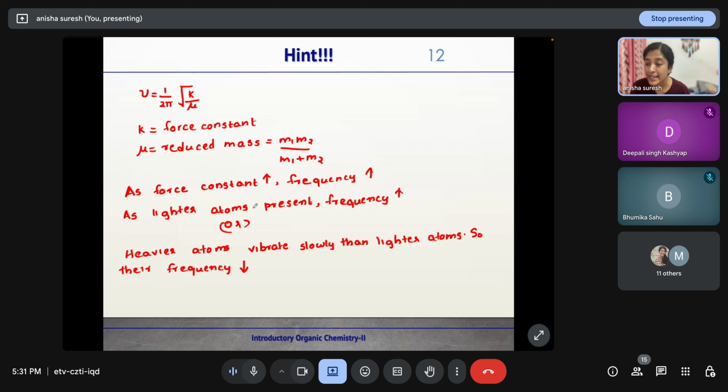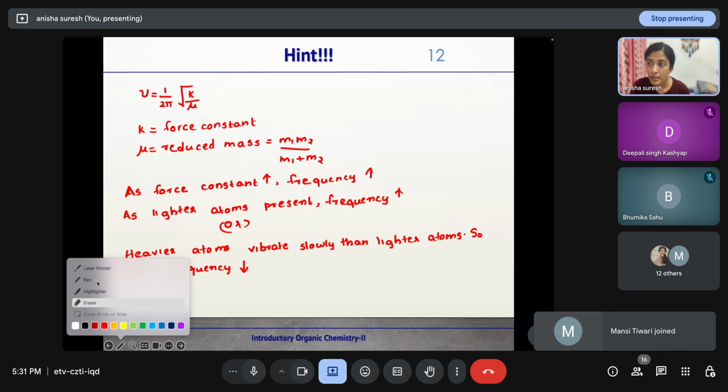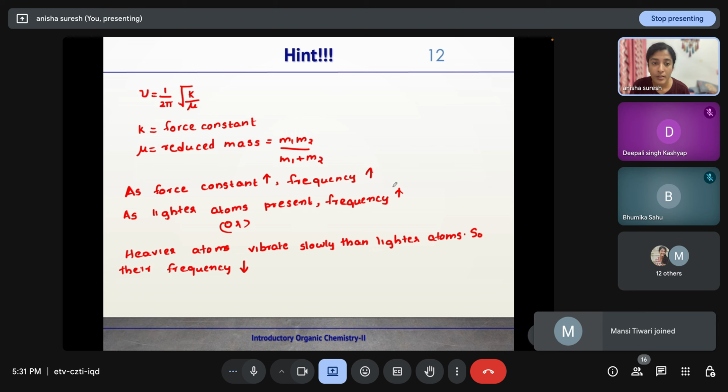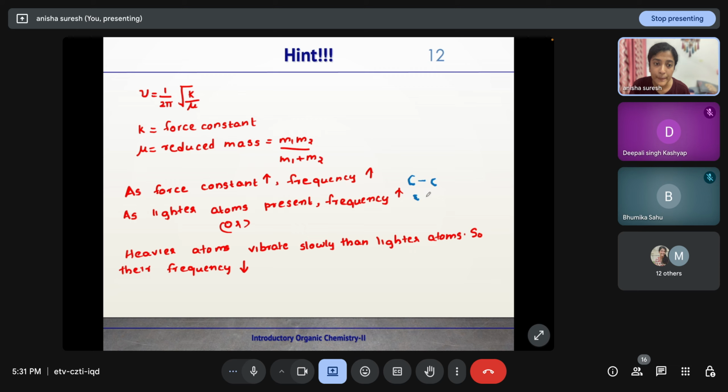And if lighter atoms are present, the frequency will be increasing, like we have seen in the case of CC and CH. Okay. So CH will have a greater IR stretching frequency than CC.